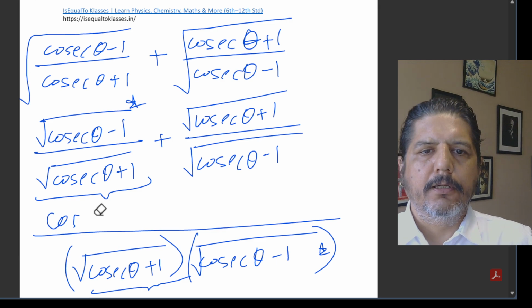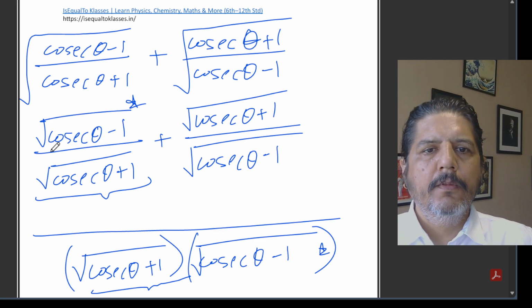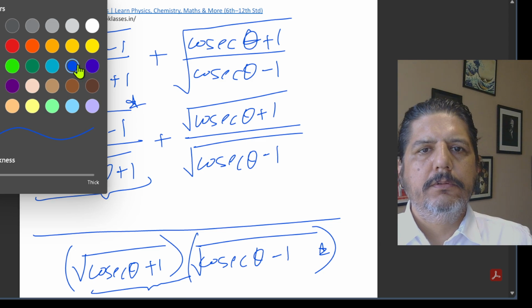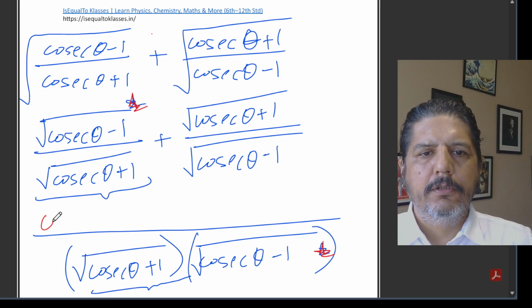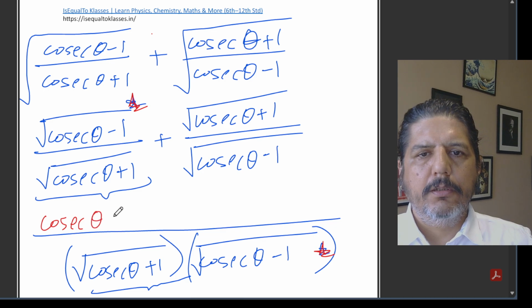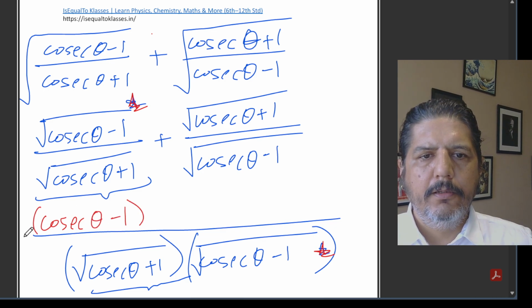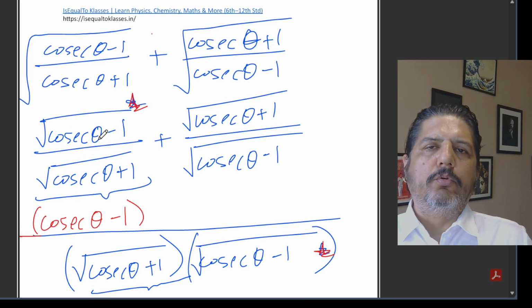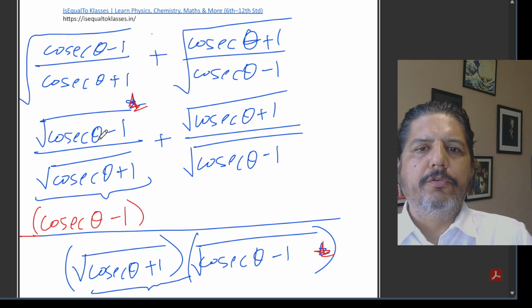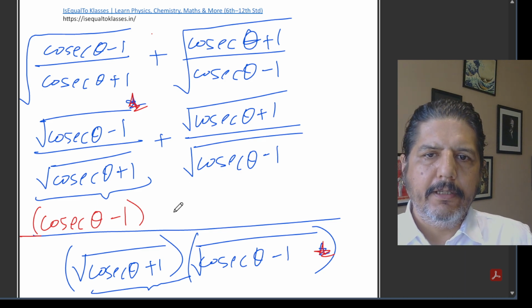I'll have this one multiplied by this one. I will have cosec theta minus 1, because it's like multiplying root 2 and root 2, which is 2, so this one is taken care of.